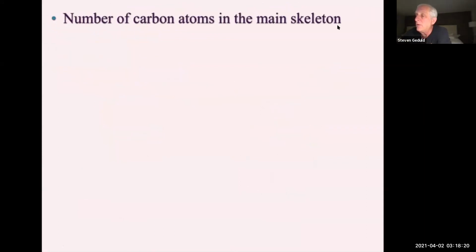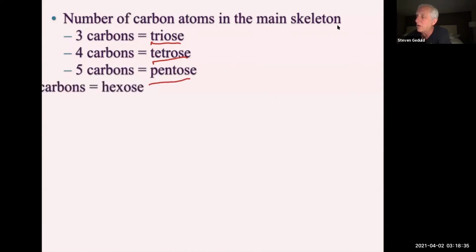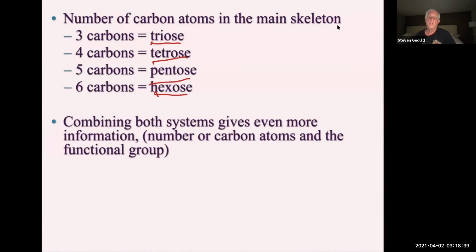There's also a way of identifying sugars by the number of carbons in the main skeleton. 3 carbons is a triose. 4 carbons is a tetrose. 5 carbons is a pentose. 6 carbons is a hexose. Those are all the same terminology we've been using before. Tri means 3, tetra means 4, pentose 5, hexo is 6.